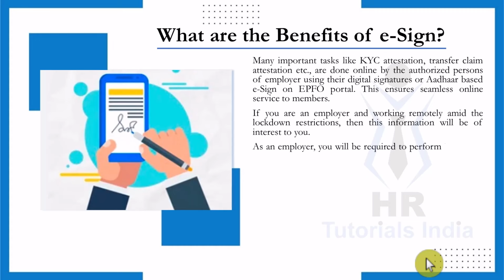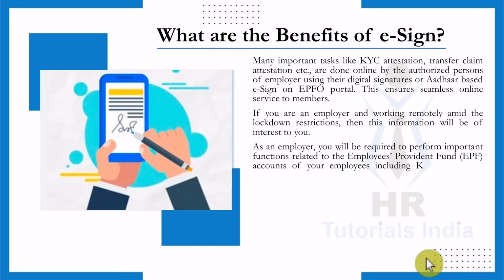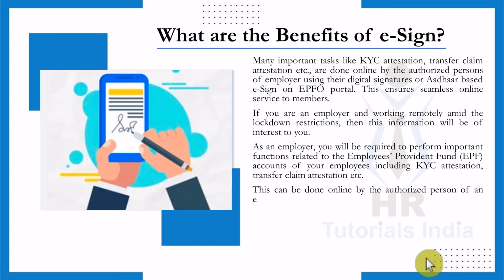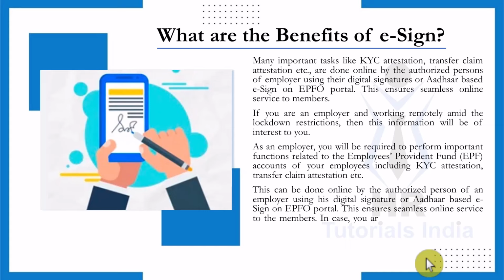As an employer, you will be required to perform important functions related to the Employees Provident Fund EPF accounts for your employees including KYC attestation, transfer claims, attestation, etc. This can be done online by the authorized person of an employer using his digital signature or DSC based eSign on EPFO portal. This ensures seamless online service to the members.